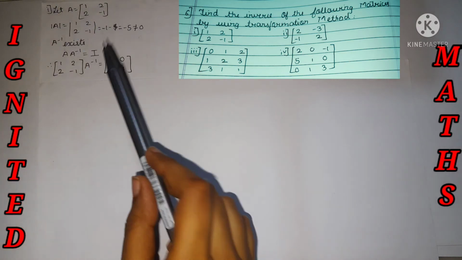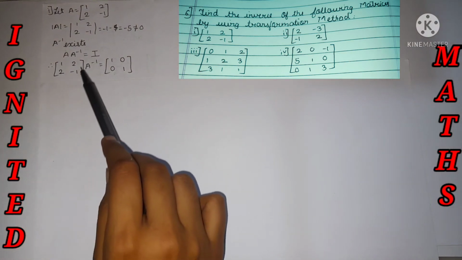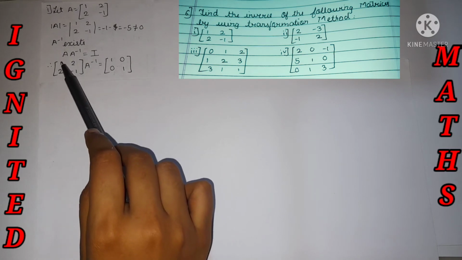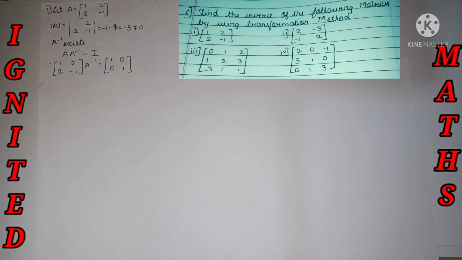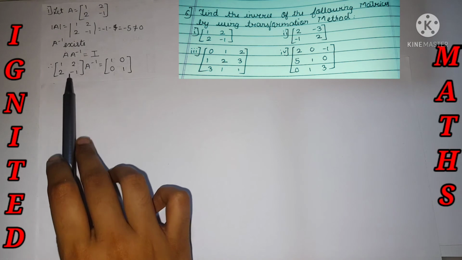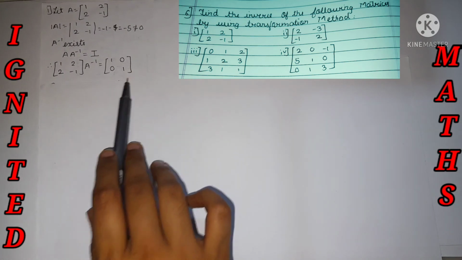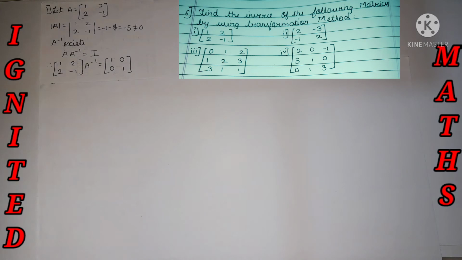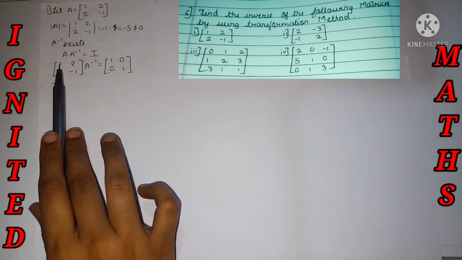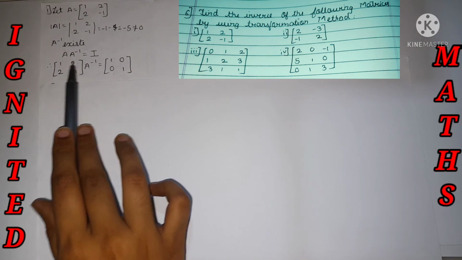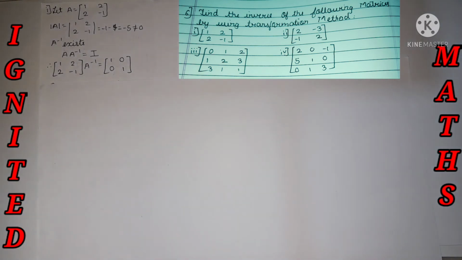We need to bring this matrix into the form of 1 0 0 1. If we do a row operation here, the same operation is done on the other side, but any changes over there we need not worry about. Only here we need to bring it to 1 0 0 1.